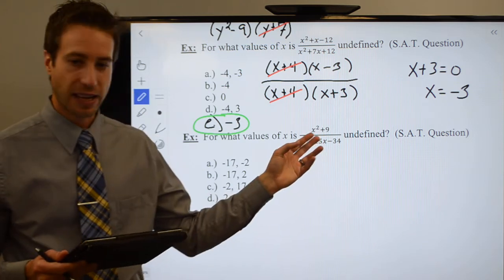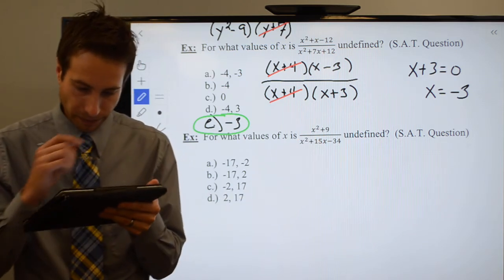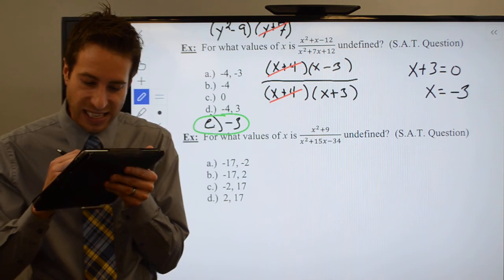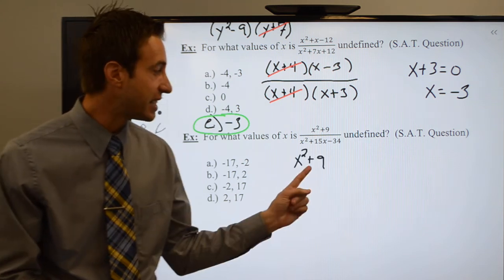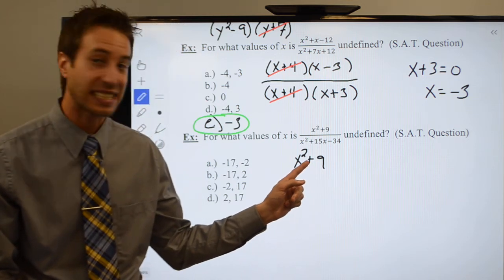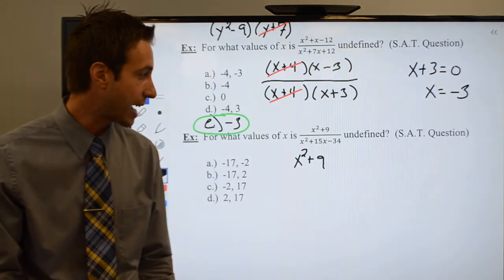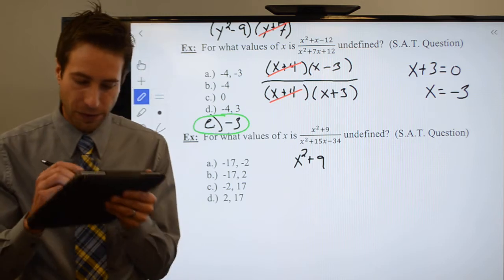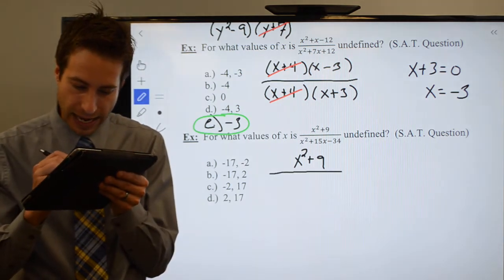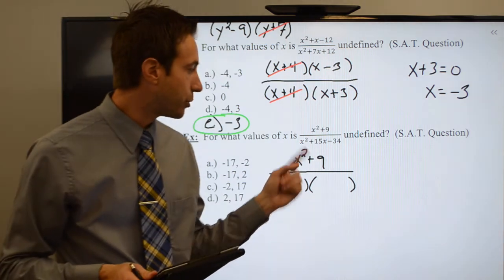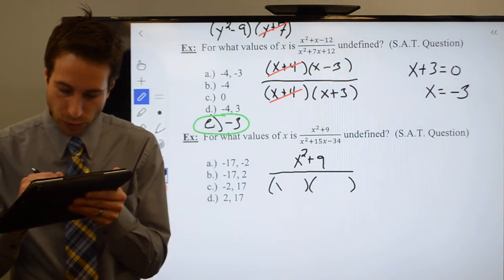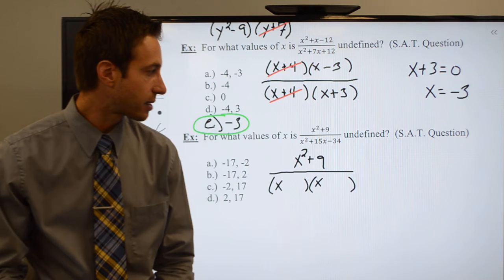All right, same thing for this guy. Here we go. X squared plus 9. There's nothing I can do to that. Be careful. This is not a difference of squares because that's addition, not subtraction. This guy, though, hopefully it factors. I don't know. Let's find out. Well, the easy bit, I need two things that multiply to an x squared, which of course would be an x and an x.